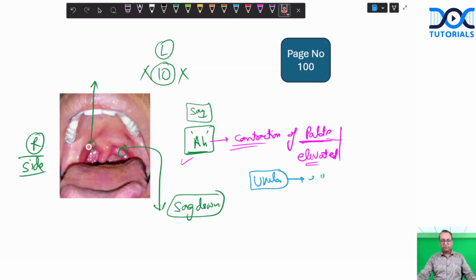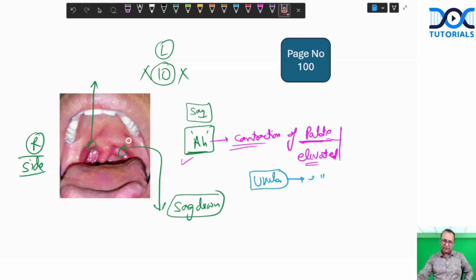Normally this is how the uvula is elevated, but if the left muscles are not working and the right muscles are normal, pulling the palate up, the uvula will deviate to the normal side.